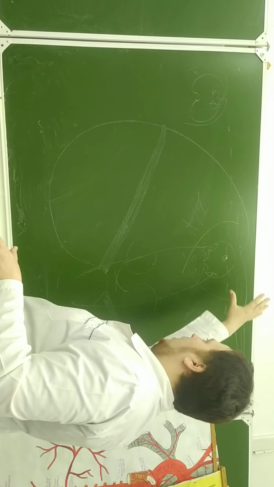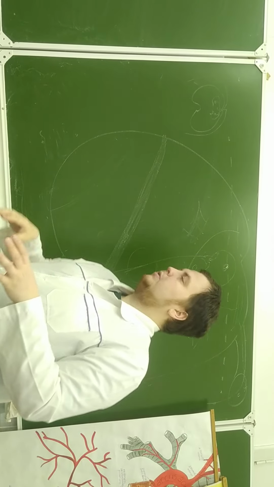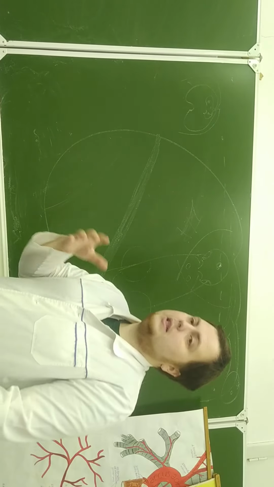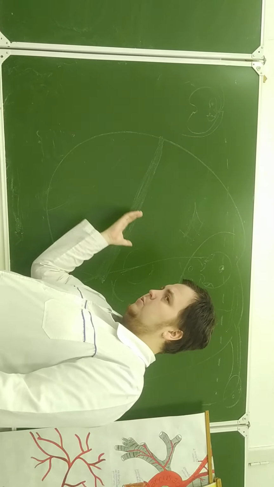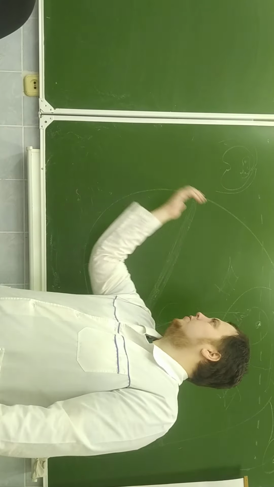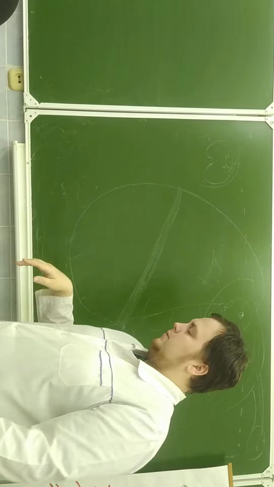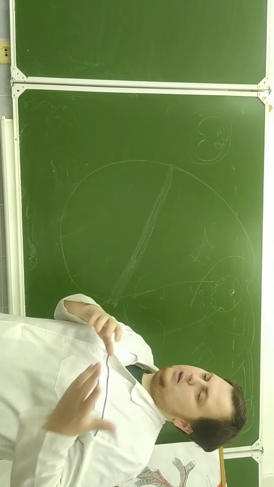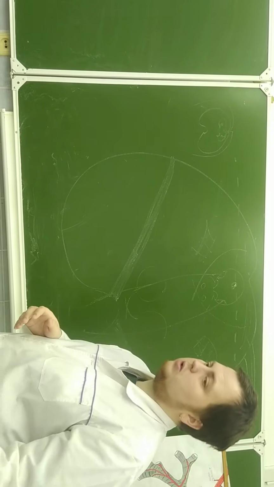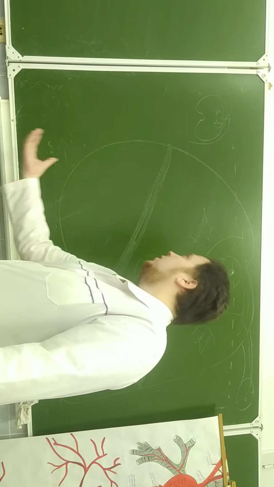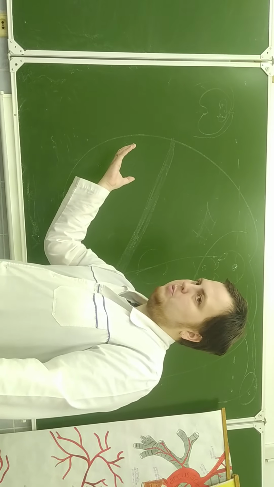And if we make a cut through the inferior colliculus, there will be a fourth type of tract. There will be a lateral lemniscus. Here we have the medial lemniscus, which is passing from the medulla through the pons, through the midbrain to the thalamus. And also we will have the lateral lemniscus. The lateral lemniscus starts in the pons, and it passes from the pons to the inferior colliculus in the midbrain.